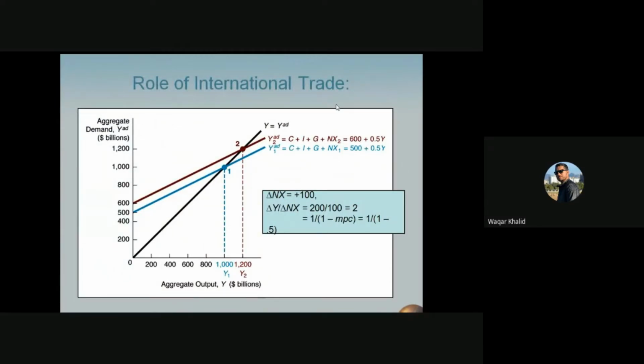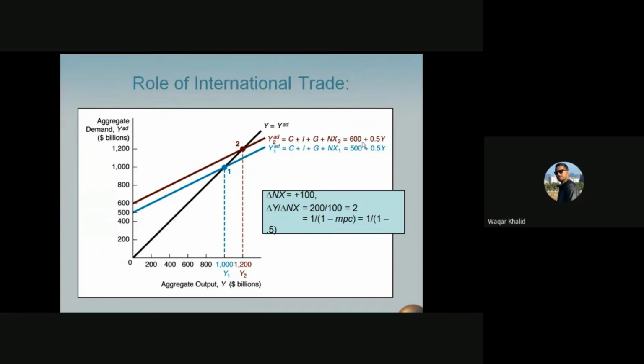Change in Y divided by change in NX is equal to 200 divided by 100, and it is equal to 2. So the value of the multiplier is 1 divided by 1 minus MPC, and MPC is equal to 0.5. When you divide these values, you will get the answer 2. Therefore, changes in net exports can be another important factor affecting fluctuations in aggregate demand.